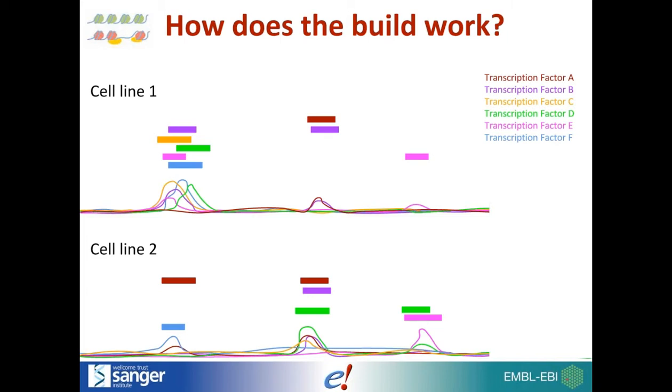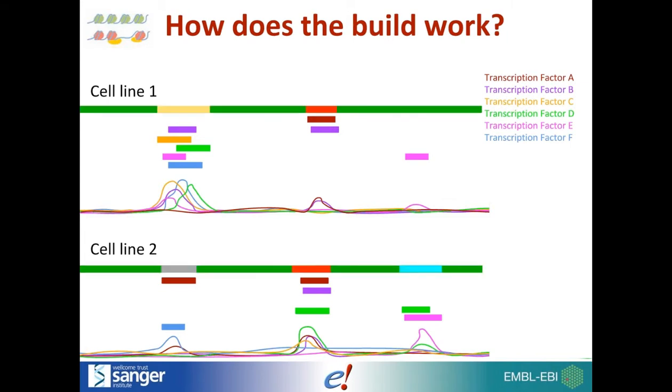We use complicated algorithms for these, so there's smoothing that goes on, there's normalization that goes on against the baseline to produce these peaks. We then say in our two different cell lines, what's clustering together and what do we generally associate those features with? And this is what we call the segmentation. So we'll call particular regions in this cell line 1.